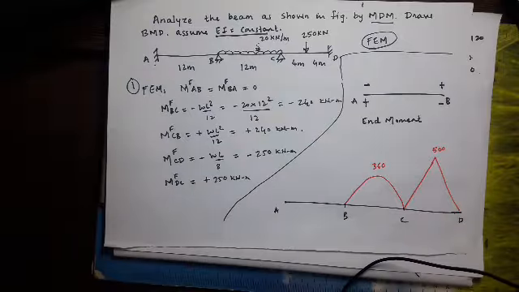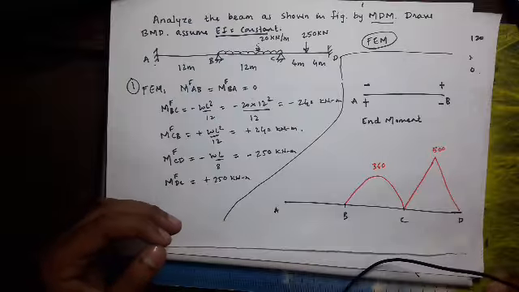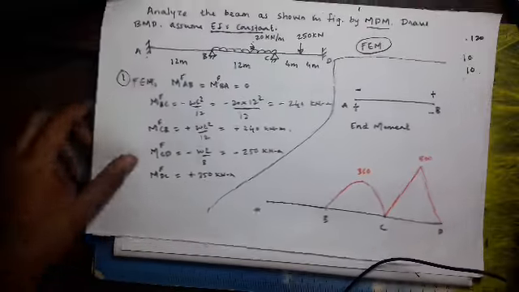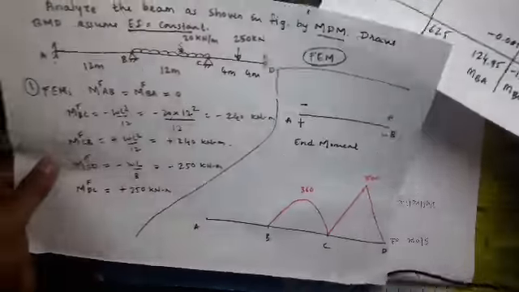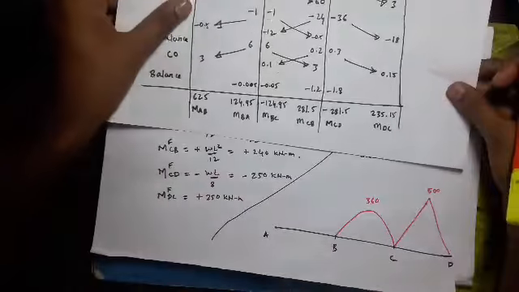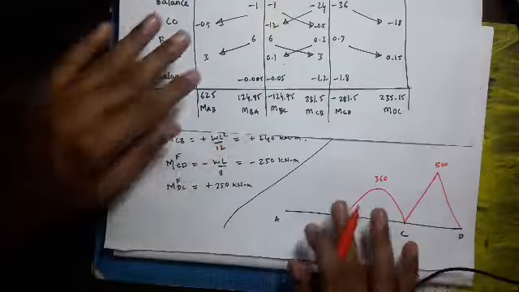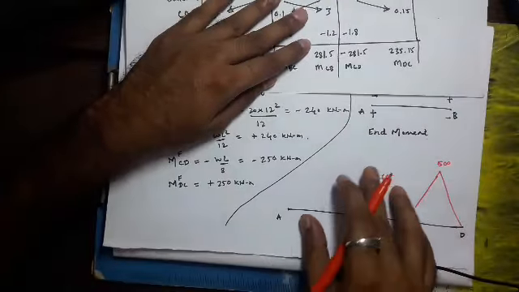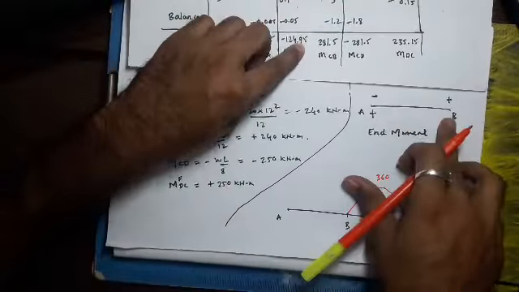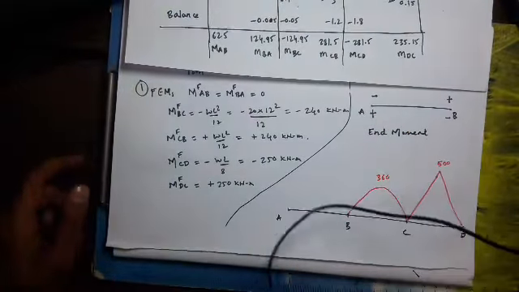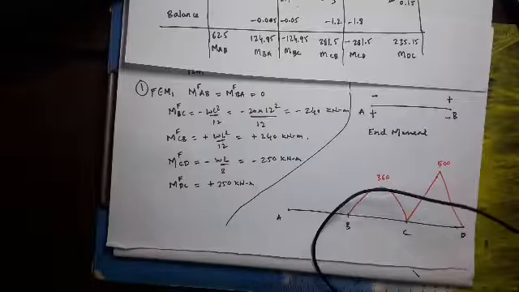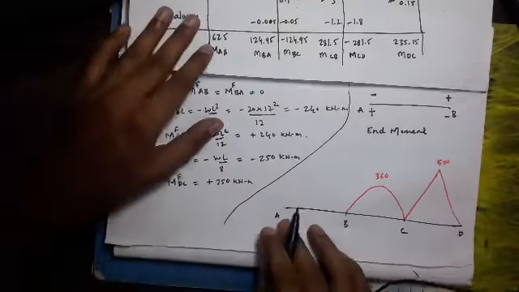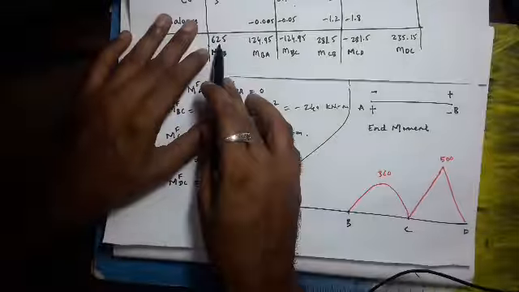Now we have to superimpose the end moments. Whatever end moments we have calculated, we have to superimpose here. These are the end moments. I have already given you the sign convention. MAB is positive.